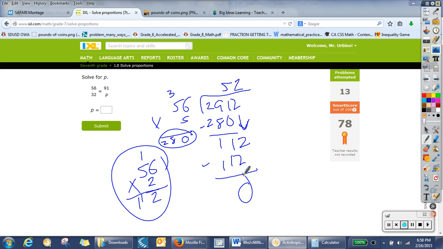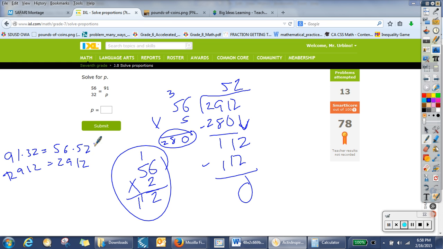So what this is telling me is that 91 times 32 is equal to 56 times 52. And those will both equal 2,912 equals 2,912.